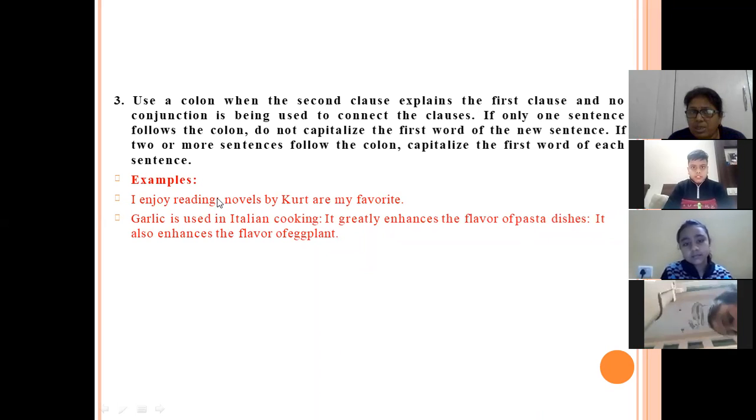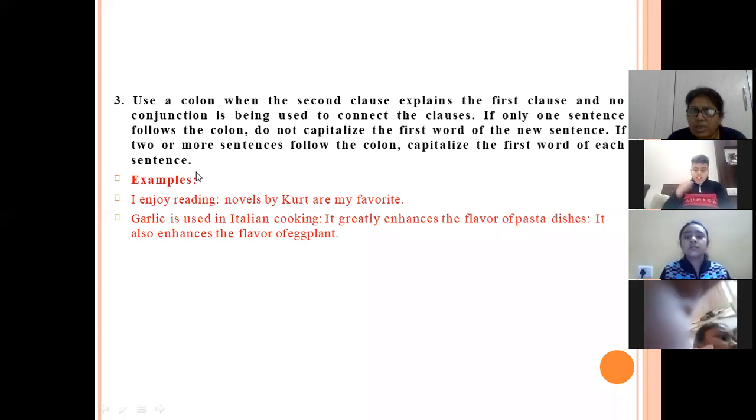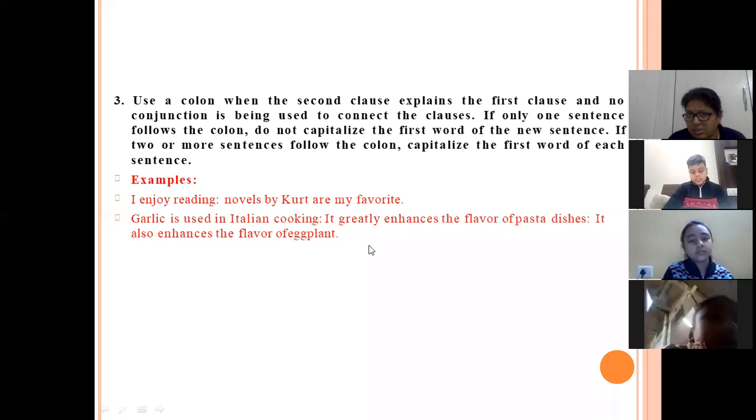So you are separating them with the help of this colon. Okay. If only one sentence follows the colon, do not capitalize the first word of the new sentence. Okay. Only one sentence follows, so we are not using capital here, but in this we are using capital everywhere because there are different sentences.